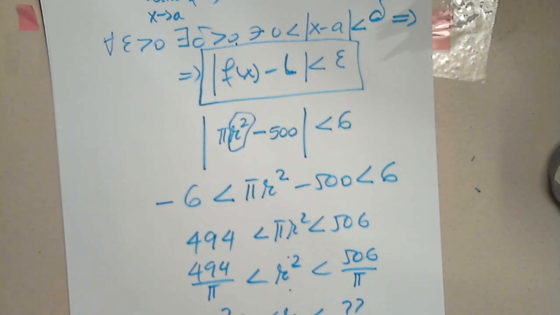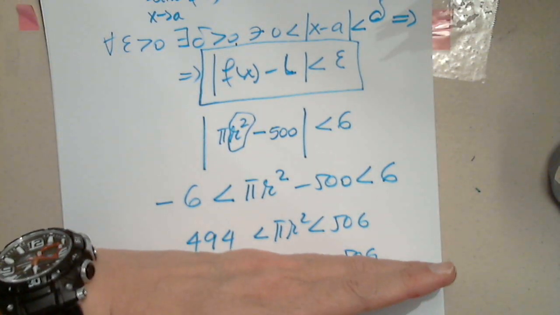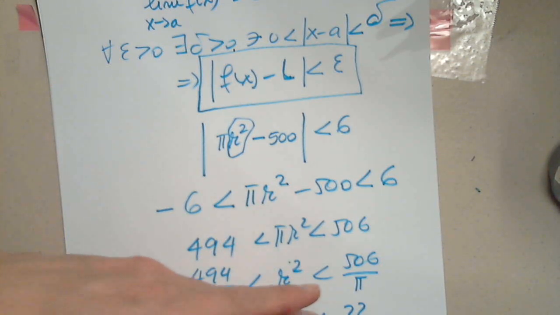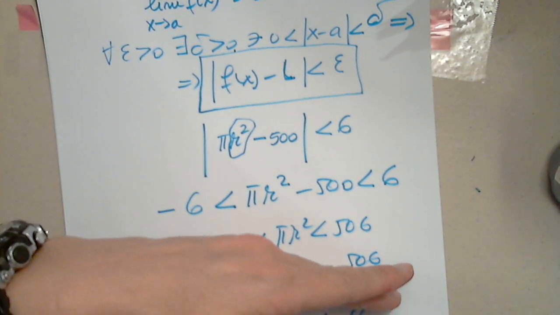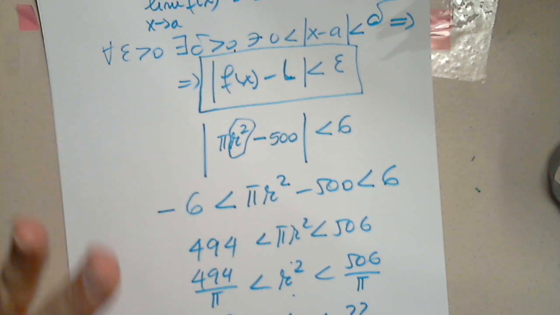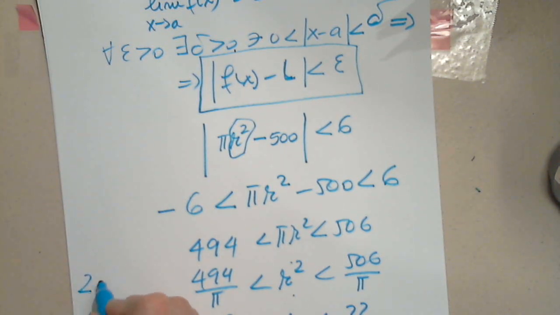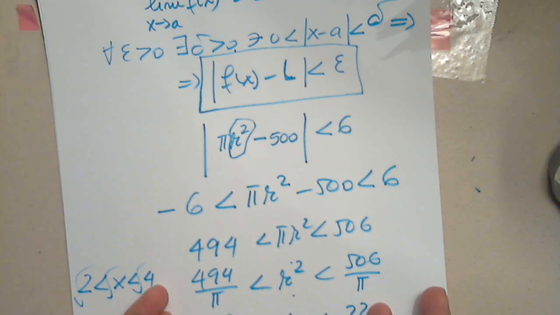And now I will take the square root from this, this, and this. I always say, please don't take the square root from both sides or 3 sides of an inequality. However, if I have 2 less than x less than 4, I can, because everything is positive. Everything is positive here.